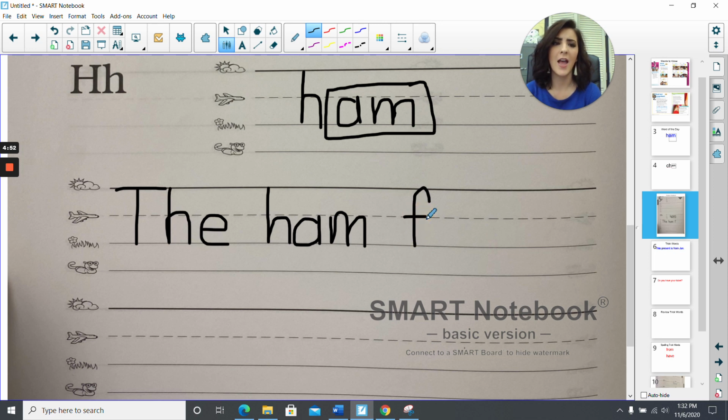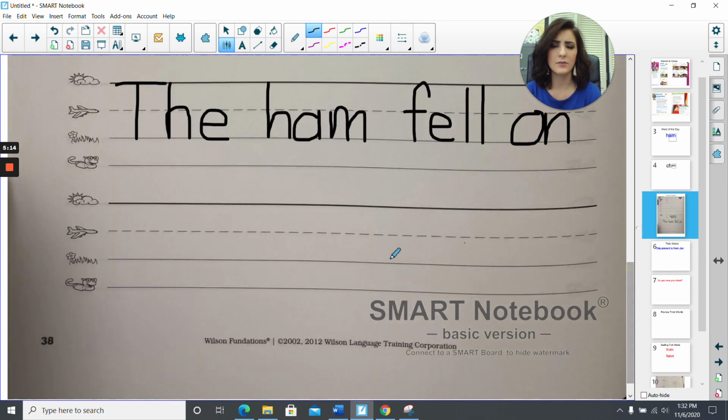F-E-L-L, the ham fell on, and then I'm going to go down to the second line for this one. Scroll down a little bit.